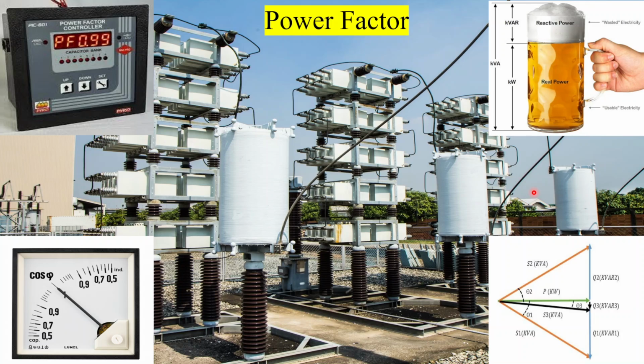The power factor can be represented in different forms: lagging power factor and leading power factor. Lagging power factor indicates that the current lags behind the voltage, common in inductive loads. Leading power factor indicates the current leads the voltage, common in capacitive loads.